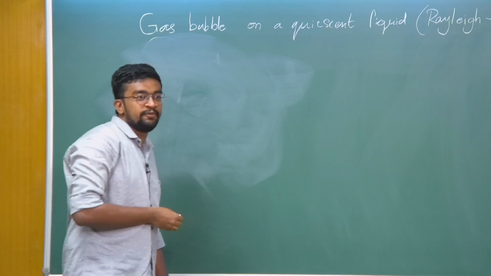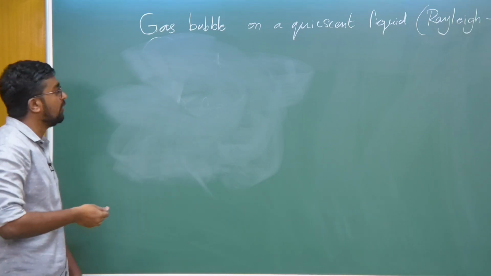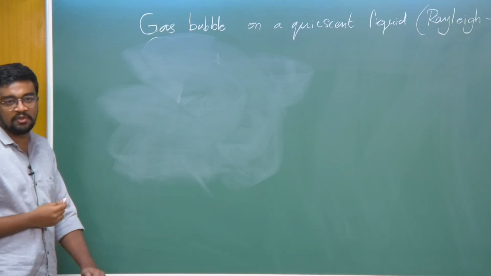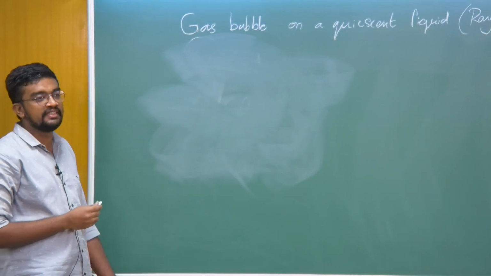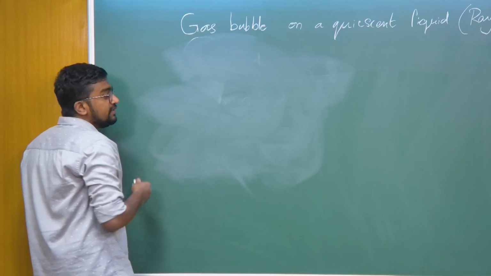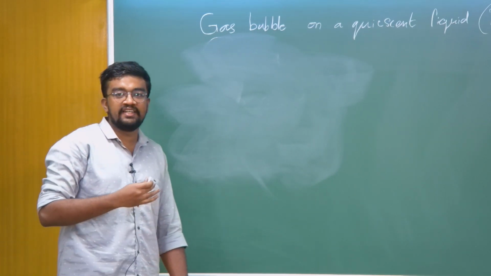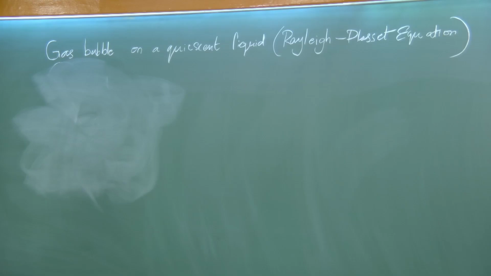For some motivation, I will talk about a system where there is a gas bubble in a quiescent liquid with some far field pressure oscillations. You know about moving machinery, right? Suppose you have a moving machinery like a pump and you have a trapped gas bubble on the pump.